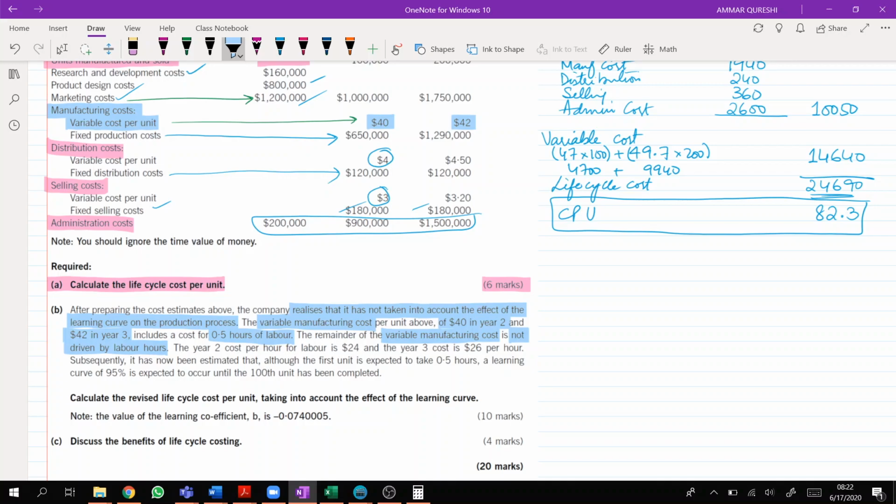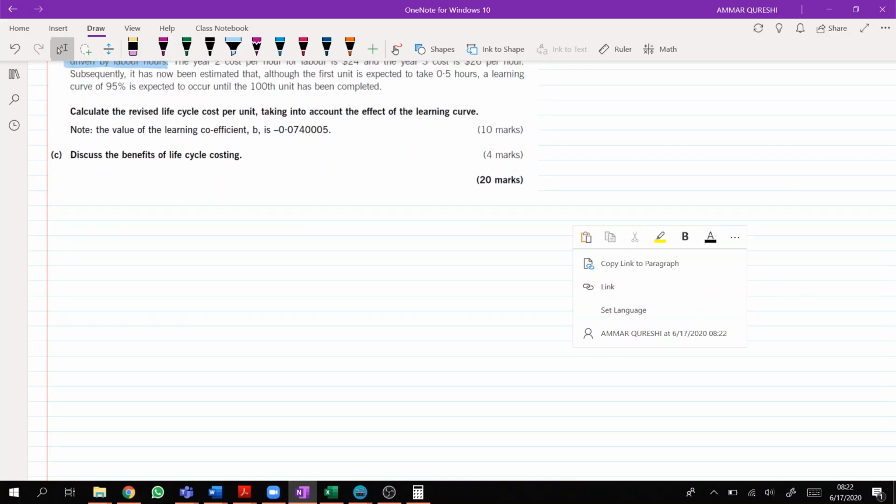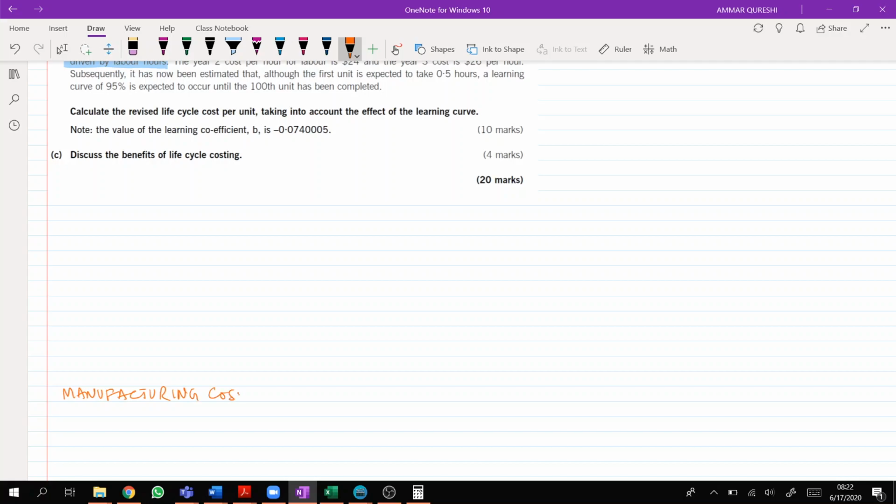I don't know if you can recall the concept of variable manufacturing cost. Manufacturing cost means direct material, direct labor, direct expenses, variable production overhead, and fixed production overhead, right?